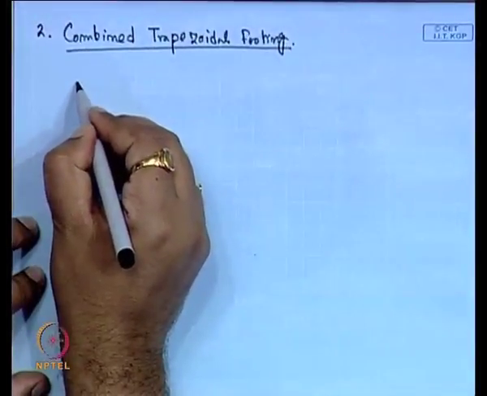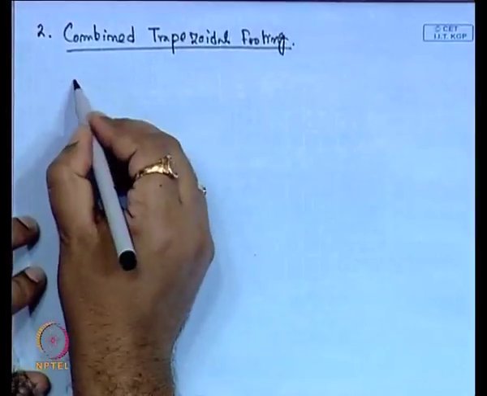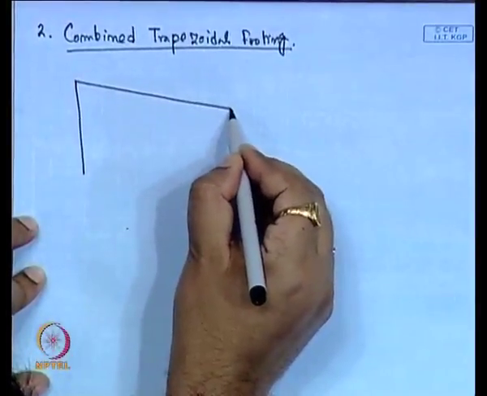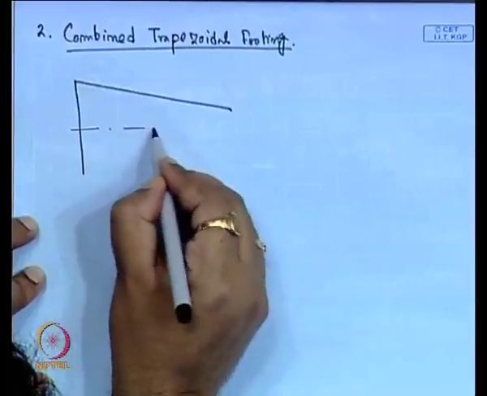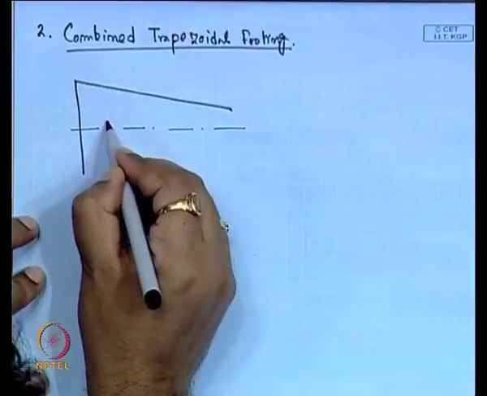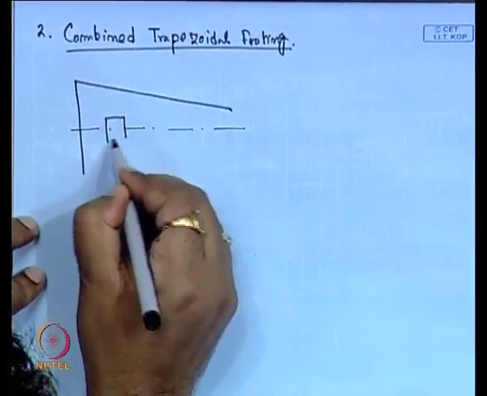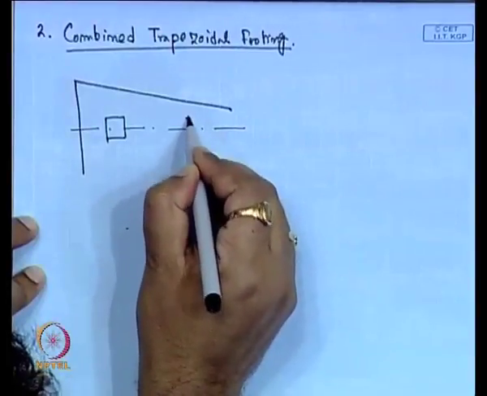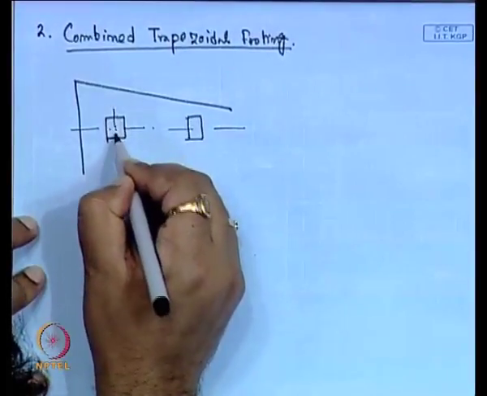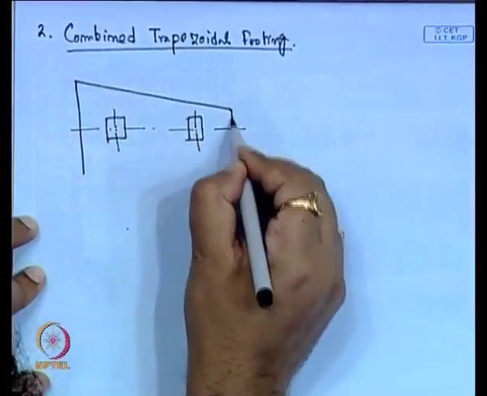Suppose this is the dimension of the footing, this is the center line, this is the position of one column, and this is the position of another column.